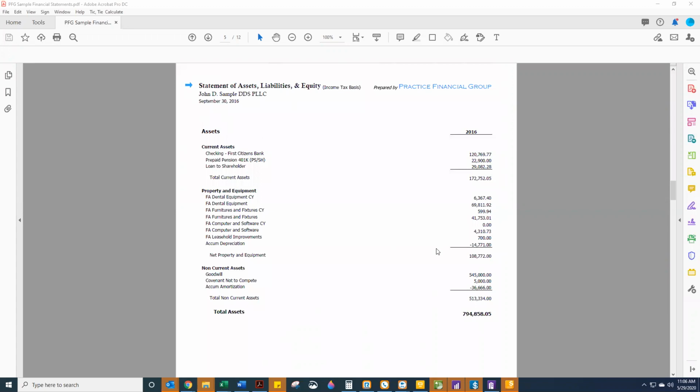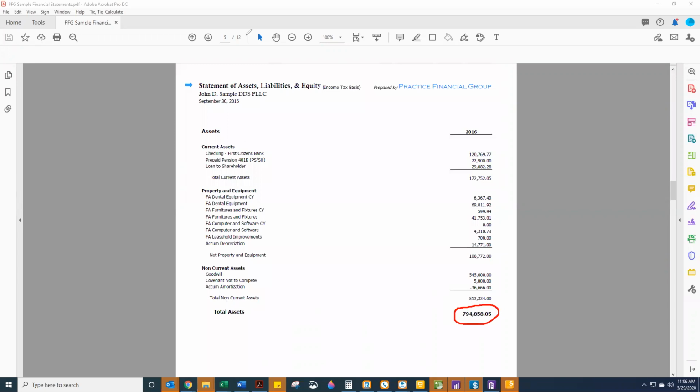Think of the balance sheet in this way, okay? So right now, this client has $795,000 of total assets.